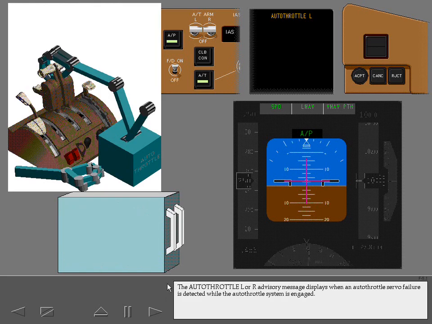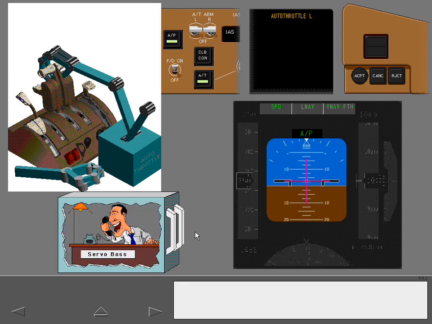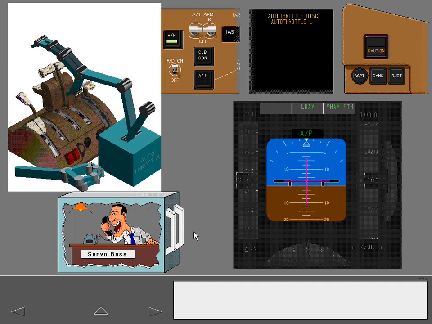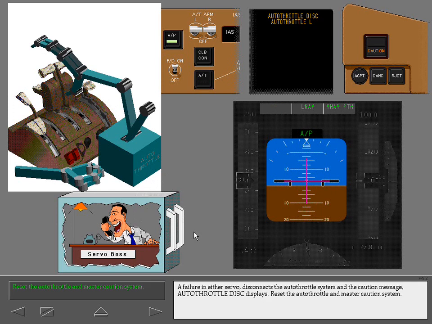The autothrottle left or right advisory message displays when an autothrottle servo failure is detected while the autothrottle system is engaged. A failure in either servo disconnects the autothrottle system and the caution message Autothrottle Disconnect displays.